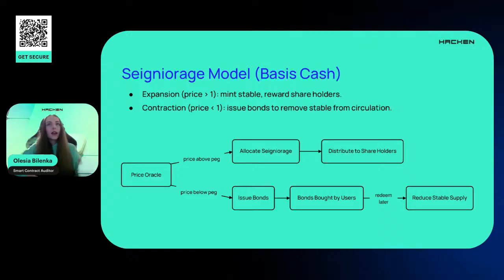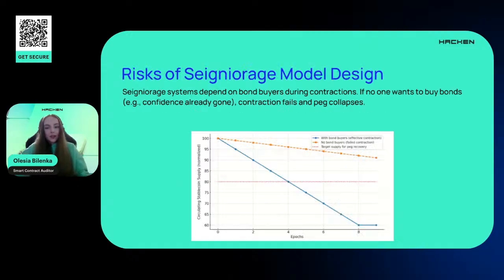But as we can see, it only works if people actually buy those bonds, because that will help to remove coins from the market. But once confidence disappears, nobody buys those bonds, and no buyers means no contraction, and the peg collapses completely. So it's a design that works only as long as people keep believing.